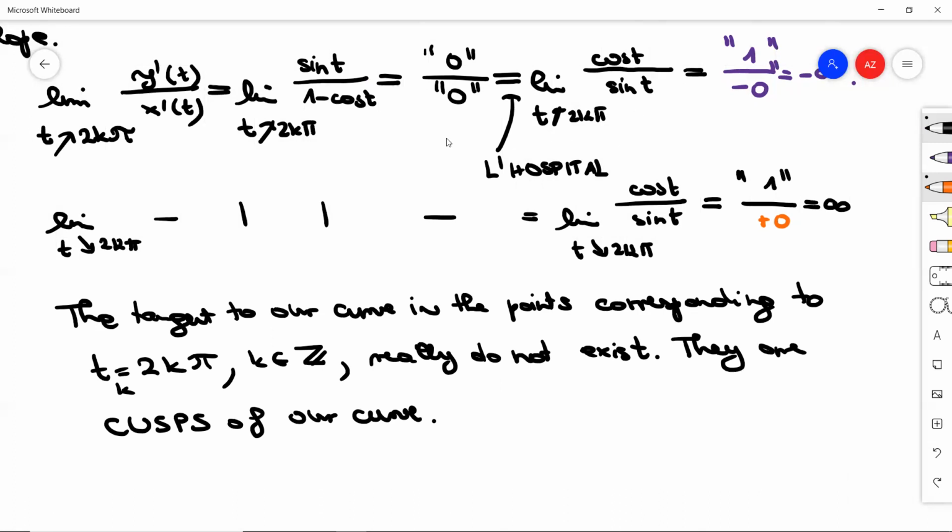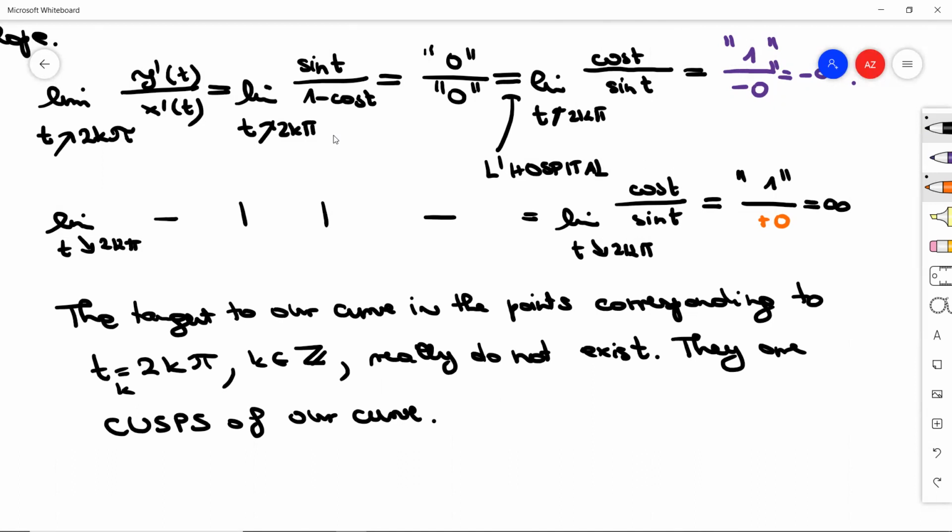So infinity and minus infinity describe the same direction. That's true, but on one side, the velocity should go from minus infinity to infinity instantly. So when we are approaching these singular points, the tangents are negative, so they have negative direction. They go to minus infinity, but then when we go from the right hand side, they grow to infinity.